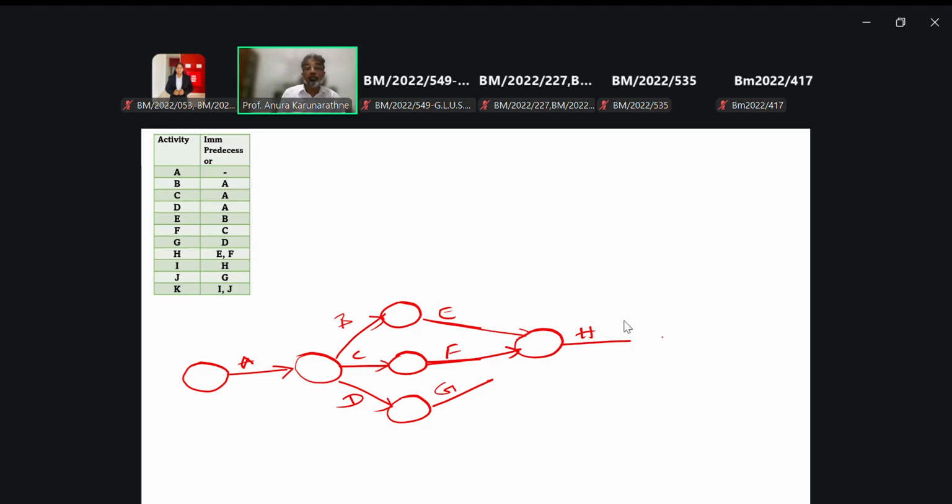After completing H, you can go for I. J after G. Then I and J after completing I.